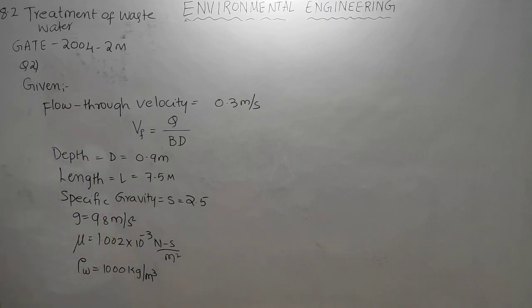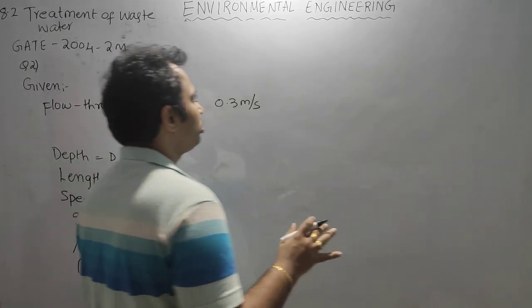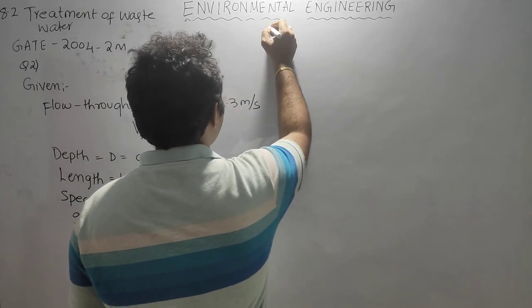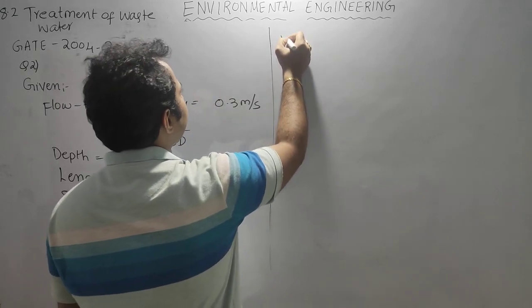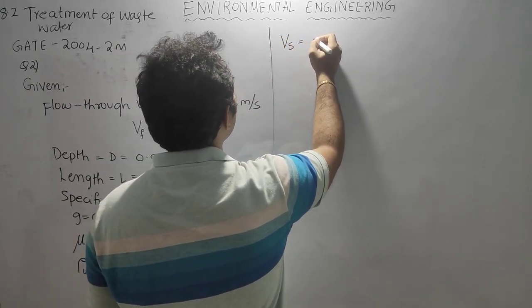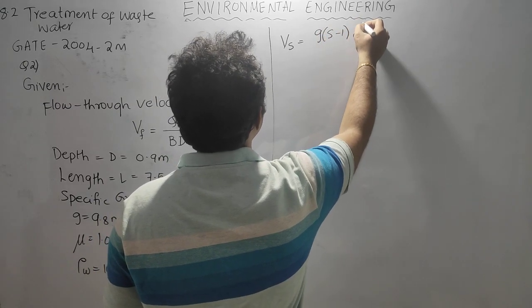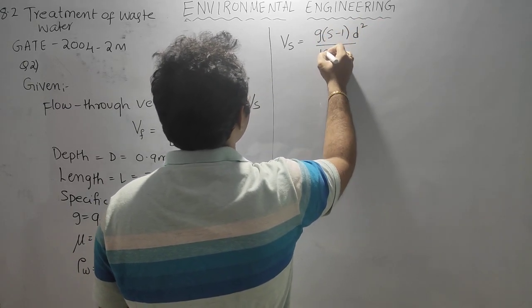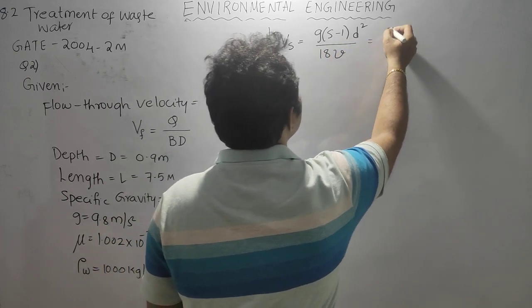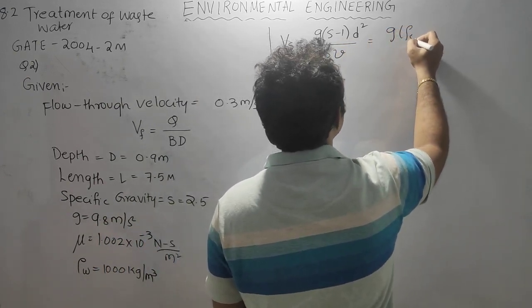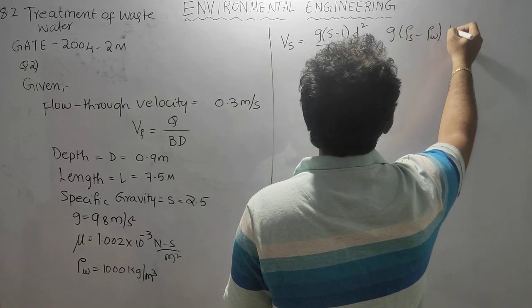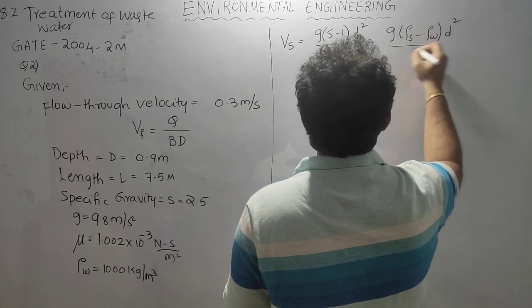So now first of all he is asking what is the diameter. From Stokes law we know that Vs is equal to g into S minus 1 into D square by 18 nu, or g into rho S minus rho W into D square by 18 mu.